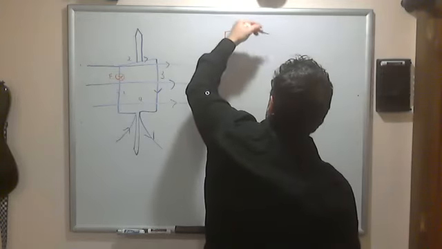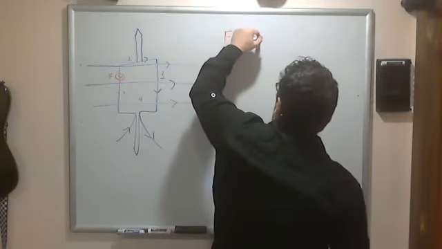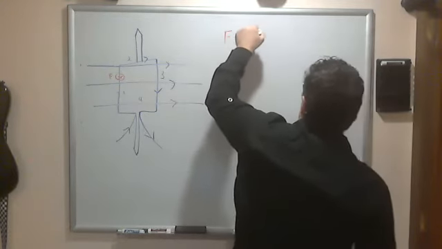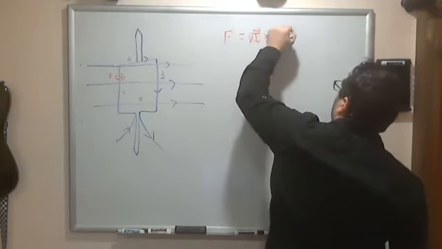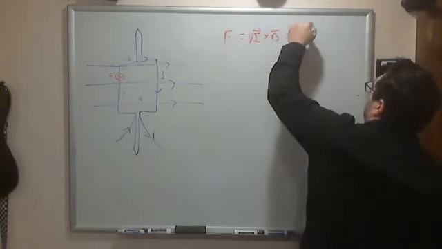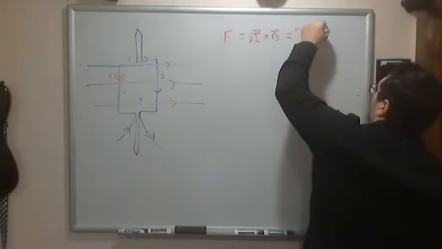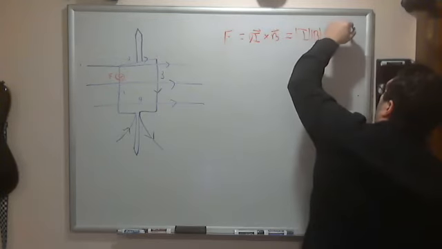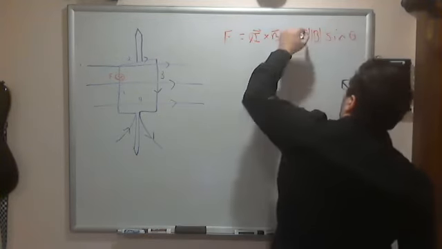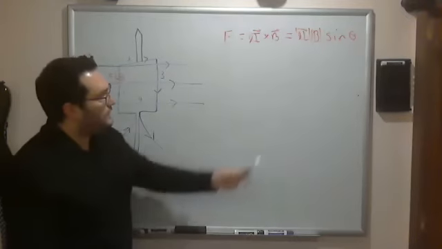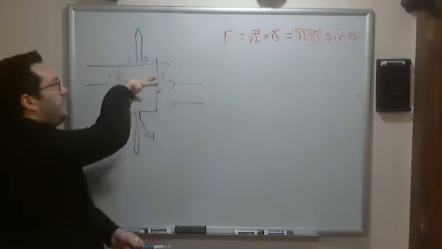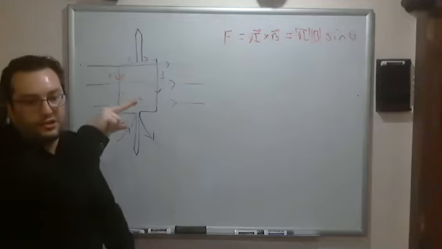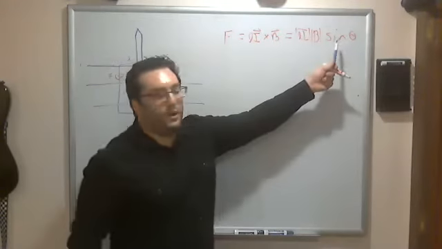So we have the cross product of the current, I'm not going to write L, well, we could do L times B, and then the magnitude is equal to B, right? And then right now, the current and the B field are in the same direction. So what does that mean for the force?